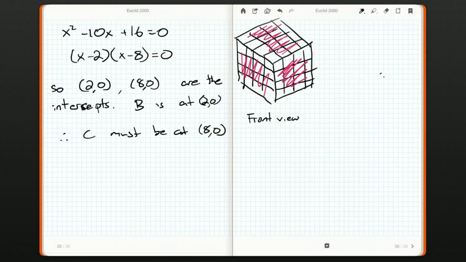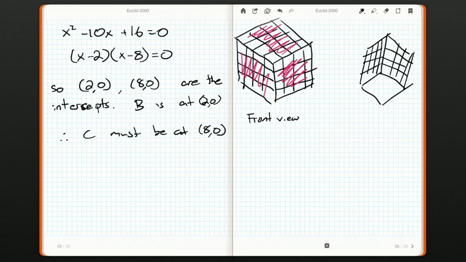looking at it maybe from below, the red faces are on the sides that we can't see, and that's what makes this a visualization sort of question.